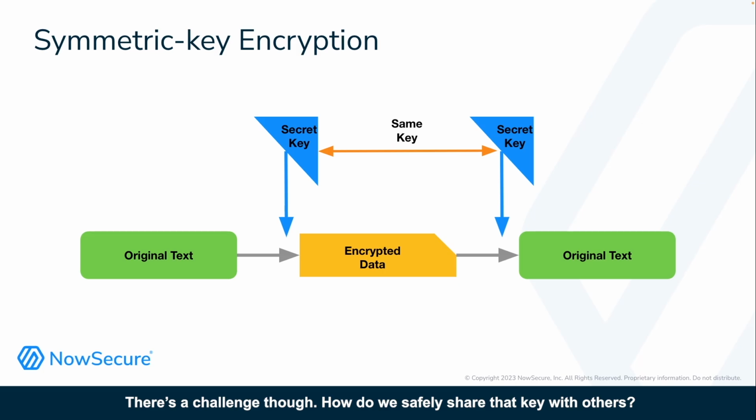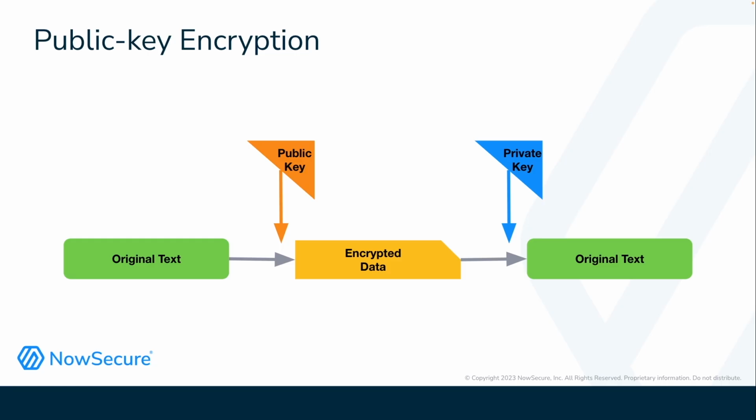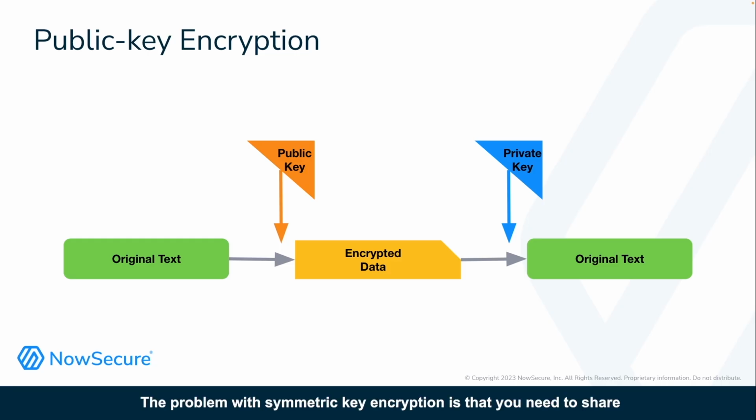How do we safely share that key with others? The problem with symmetric key encryption is that you need to share the same key with everyone. But how do you share this secret key? Over SMS, email, or phone? The challenge is that people can penetrate your communications, get that key, and render your encryption null and void.